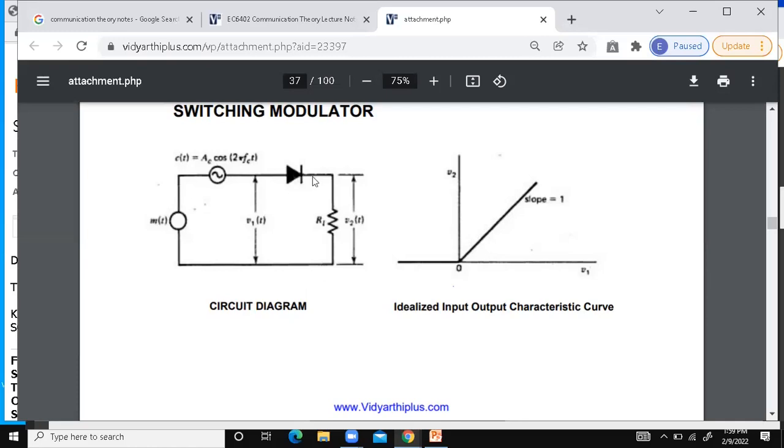Yes, sir. So when it conducts, it's like a short circuit. So the voltage you measure here would be the same as this voltage, because it's like you have a source and a resistor. This positive voltage sends a current, and the current causes a drop across here, which is equal to this voltage.